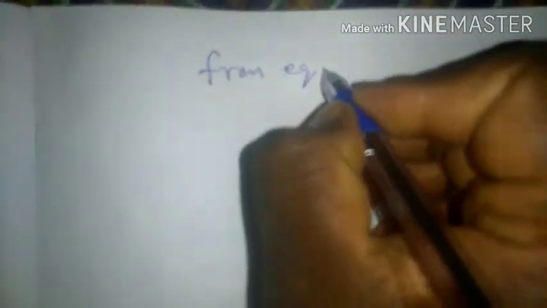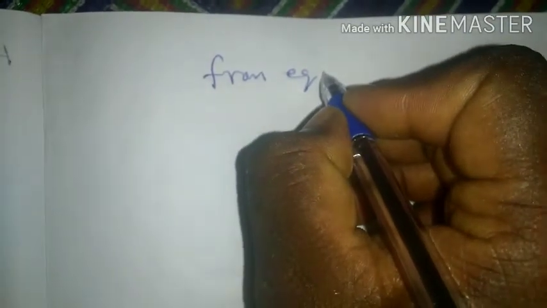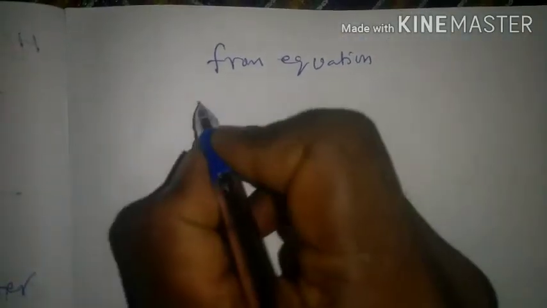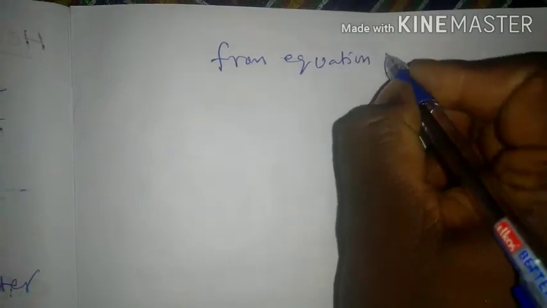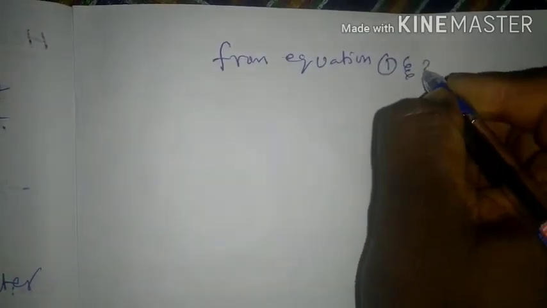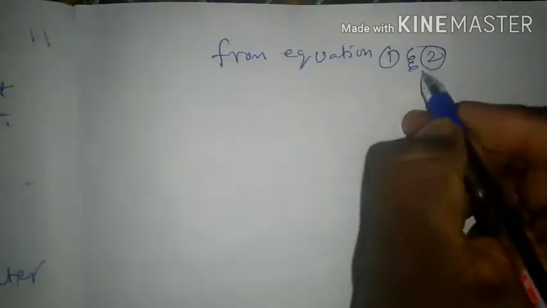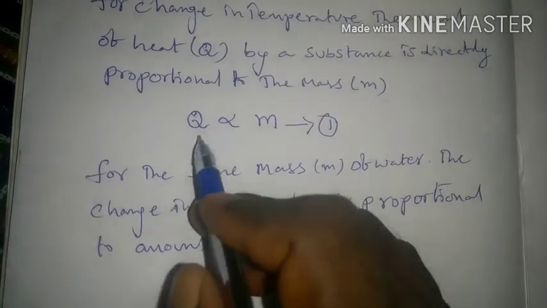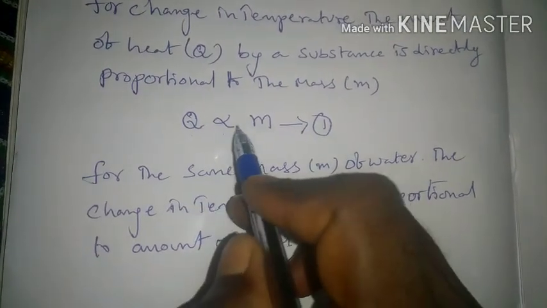From equation 1 and 2. From equation 1, Q is proportional to m.